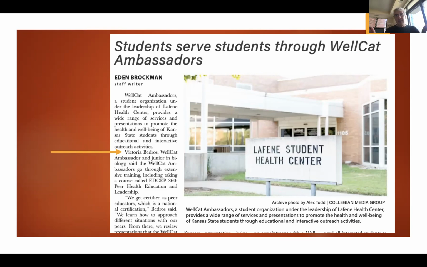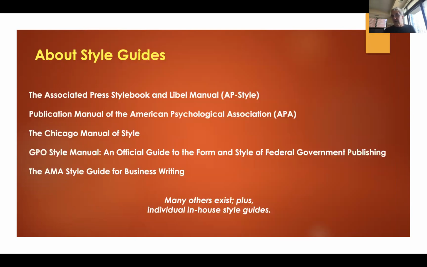Now, I have my own pet peeves with some of that for some specific reasons, but for the most part, that's okay. But unlike newspapers, many scholarly journals adhere to APA style, which allows more room for using industry technology and jargon, terminology, and that's fine. That's what those readers expect.